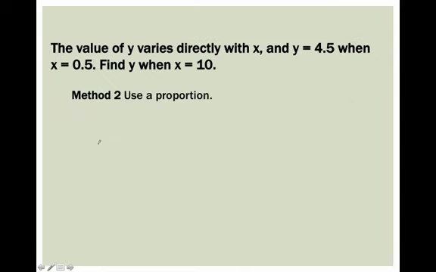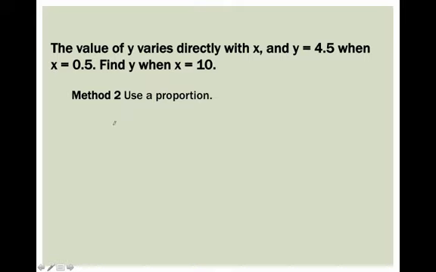I'm going to solve to find a direct variation using a proportion. So here the value of y varies directly with x. Y equals 4.5 when x equals 0.5. So remember, it's a ratio of y over x.